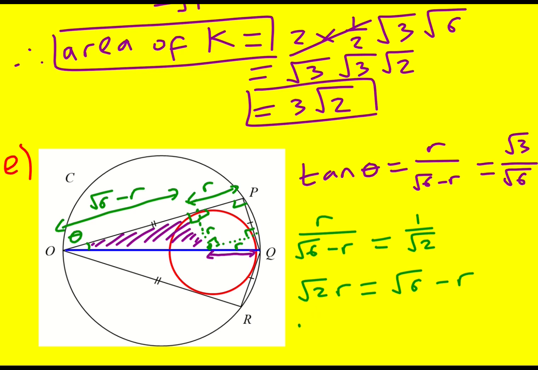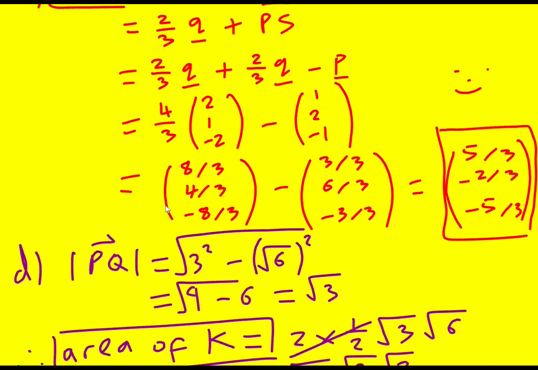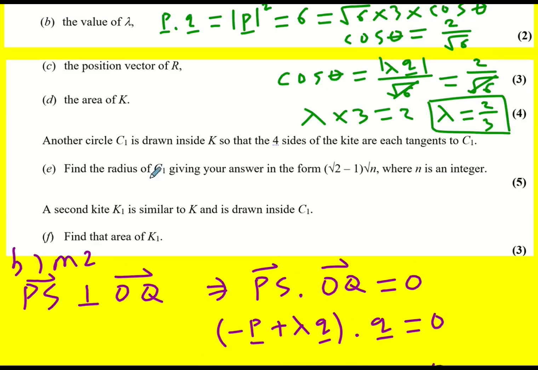Add r to both sides. r plus root 2r is equal to root 6. Factorize out the r. r times (1 plus root 2) equals root 6. And we're nearly done. Let's just look at what the answer asked us for.